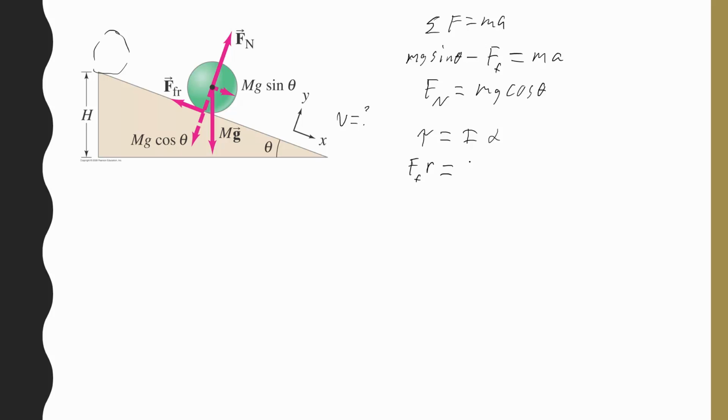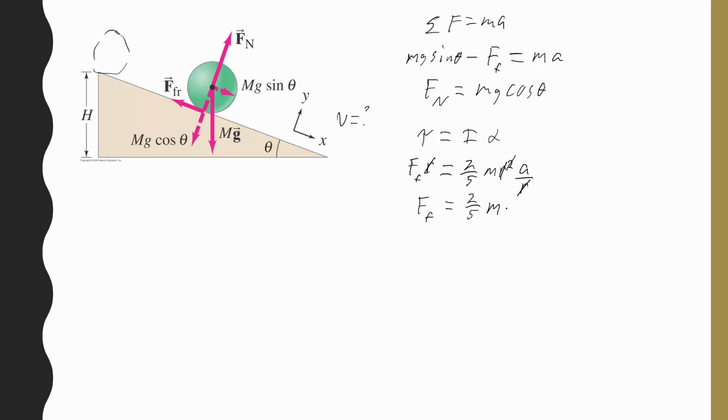I, as I mentioned earlier, is the moment of inertia of a sphere, which is 2/5 mr squared. And then alpha we can write as a over r, so that cancels one of the r's, that other r goes away, and we get that friction is equal to 2/5 times the mass of our sphere times a.